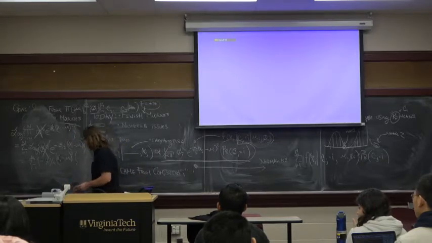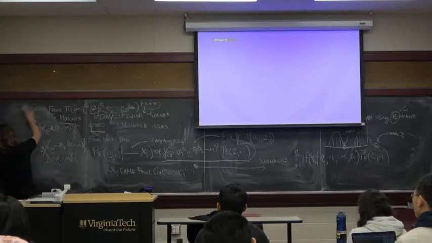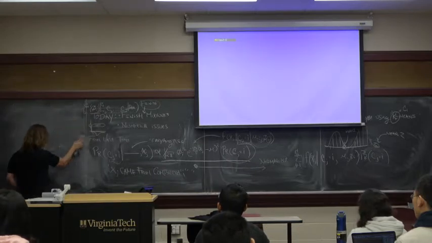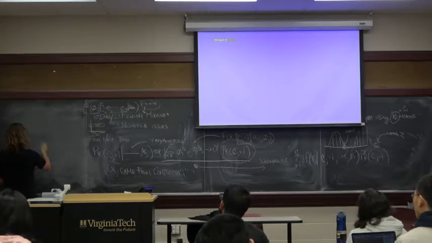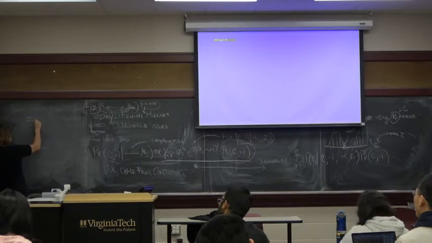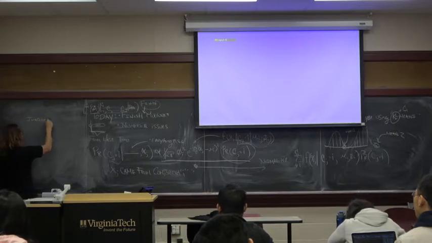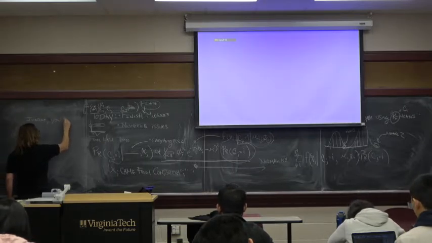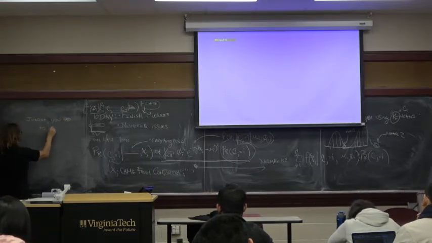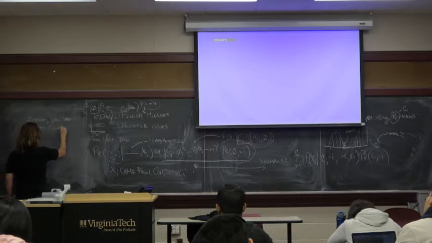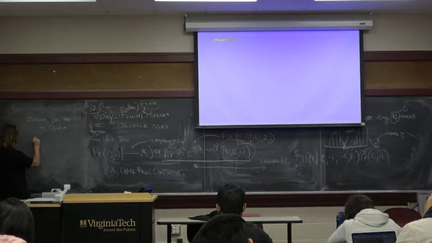To get a head start on this, I will say, imagine you had to compute something like this. This is just something to think about. Let's say I have some distribution, I'll call it pi 1, some disk.